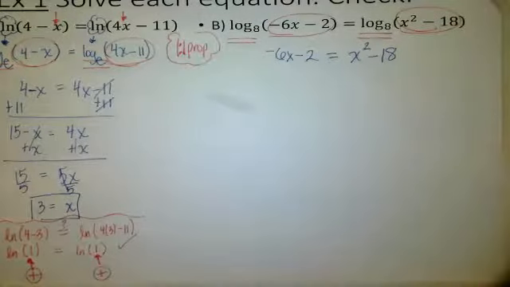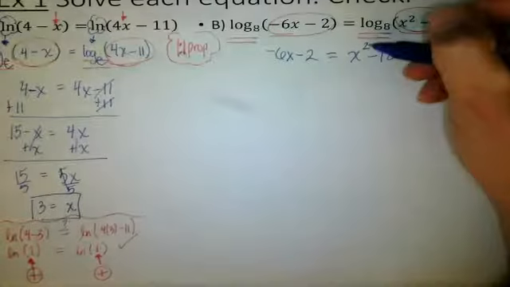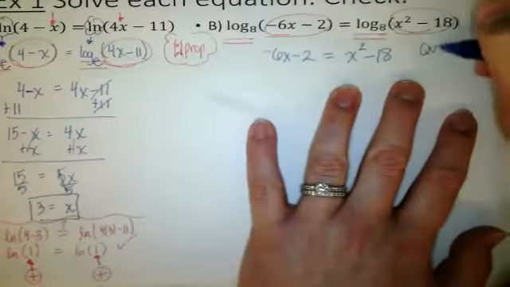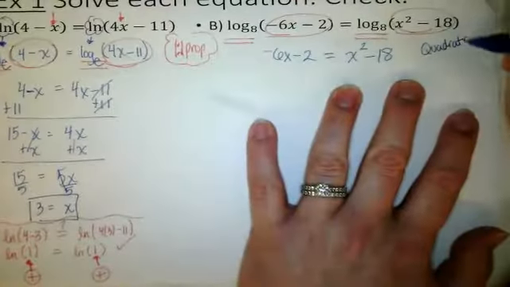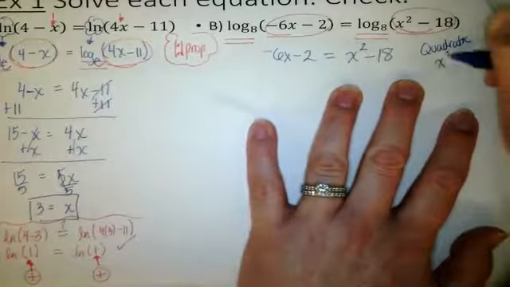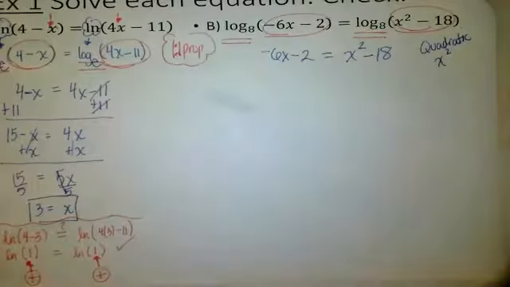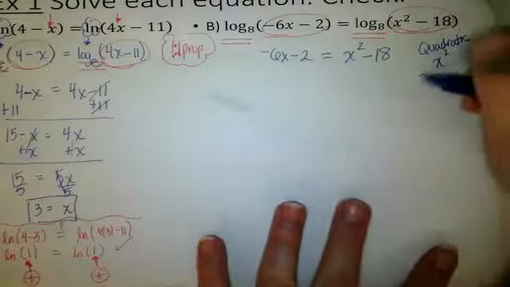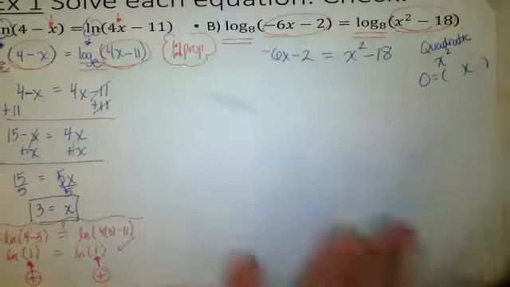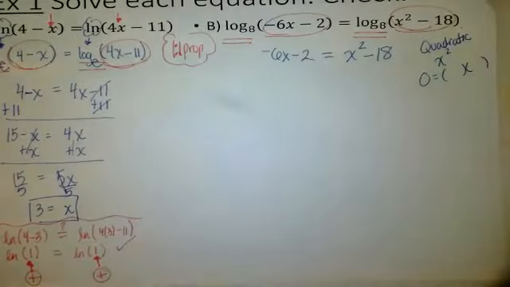What's different about these equations? There's an exponent. Yeah, this is a quadratic equation because of the x squared. How do we solve quadratic equations? You have to set it equal to 0 and then try and double bubble.